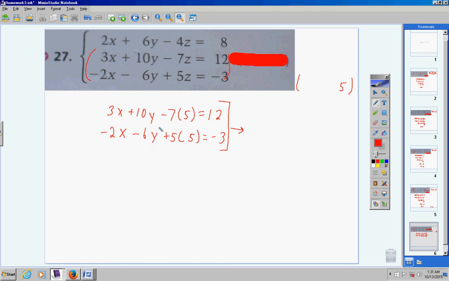So I have 3x, positive 10y, negative 35 equals 12. Right? Now bring the 35 over and make it a positive 35, and I have 47 on the right side.